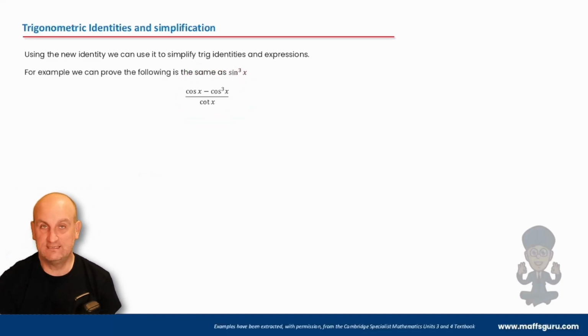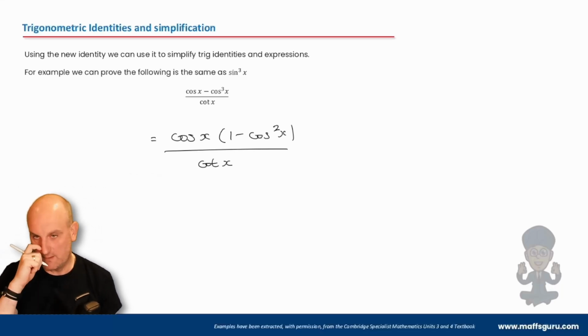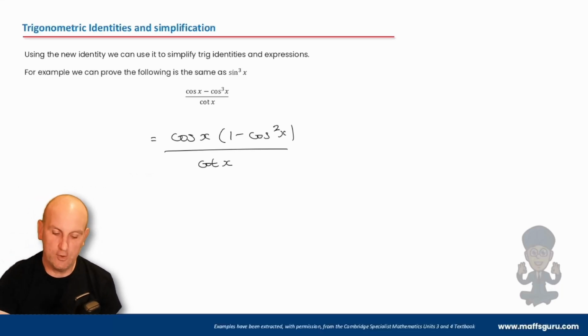as sine cubed x. It's exactly the same as the sine cubed of x. And you're going to say, how? And I'm going to say, well, the first thing is we're going to take out cos x as a factor, which gives me 1 minus cos squared x divided by cot x. Now we'll come back to that in just a moment, because I know from having this drummed into me that 1 minus cos squared is sine squared.